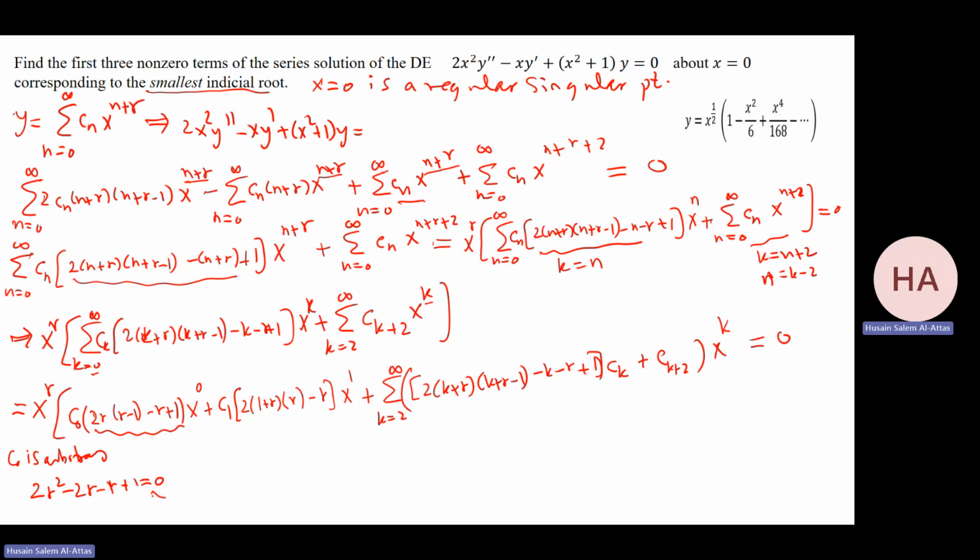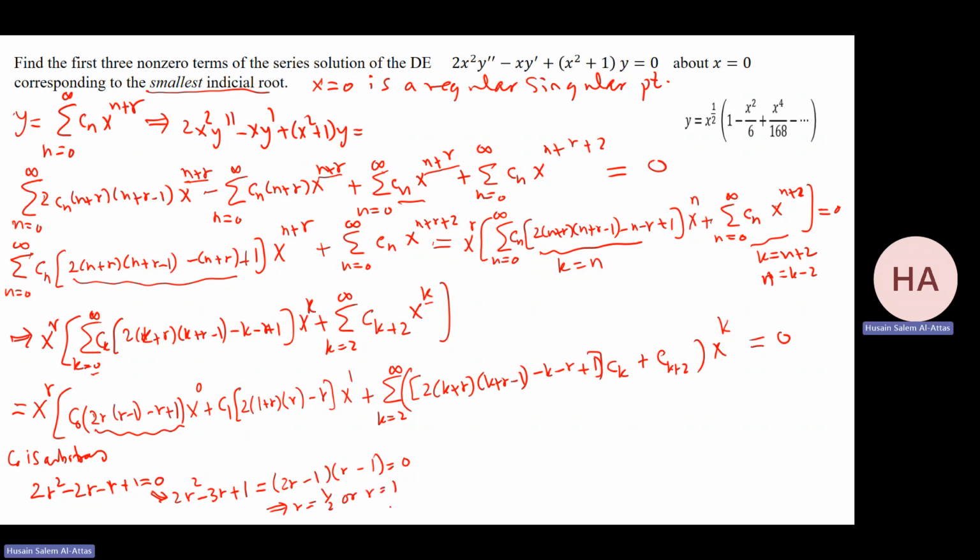So I have 2r squared minus 3r plus 1, which is 2r minus 1 times r minus 1, equal to 0. So I have r equal half, or r is equal to 1.